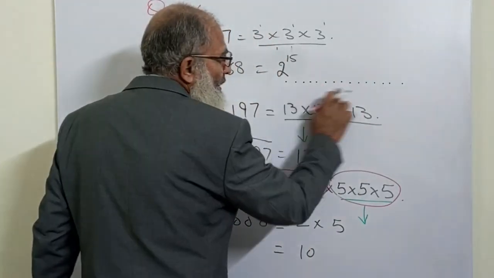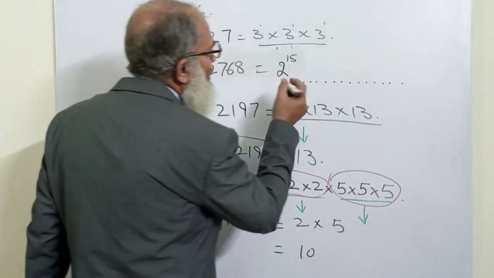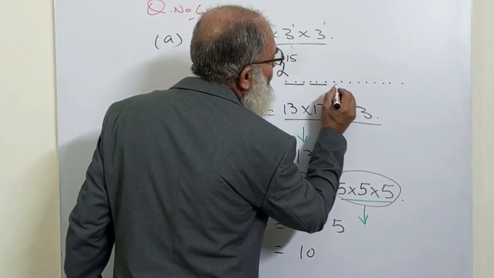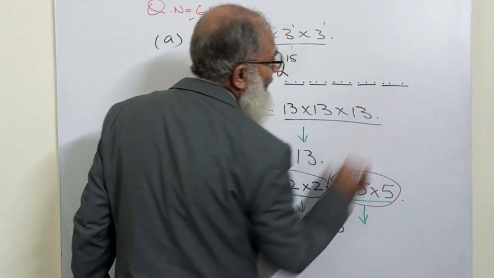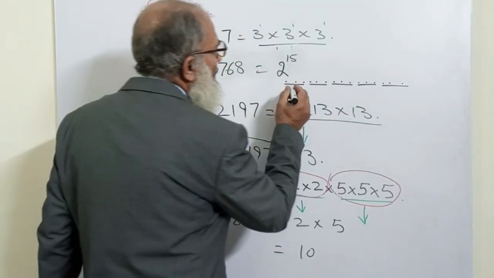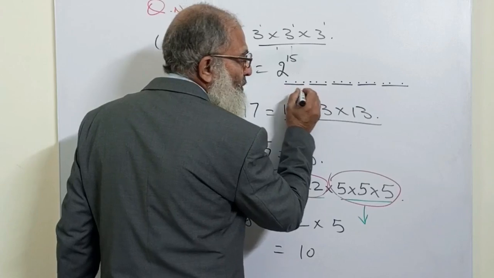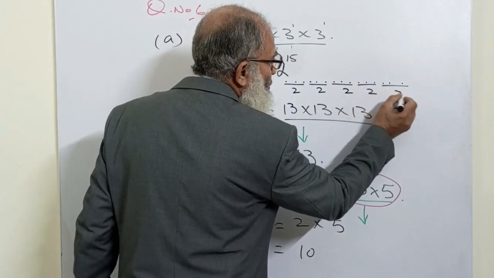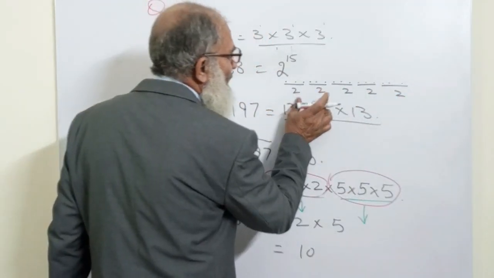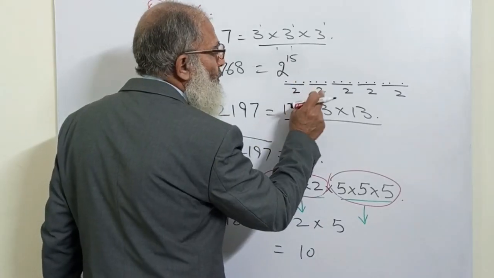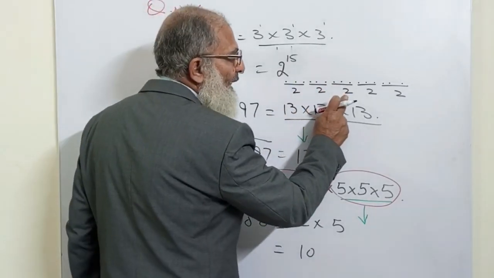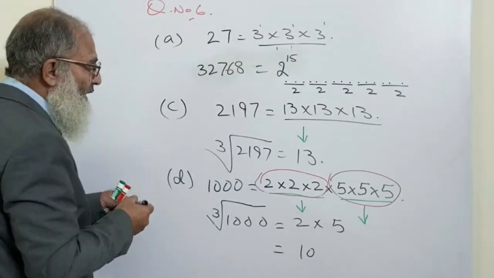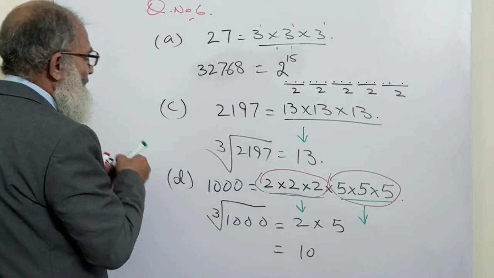Now I've written 15 twos. Now we have to make the groups of three: 1, 2, 3, 4, and 5. There are 5 groups. From each group you pick 1, so 2, 2, 2, 2, 2, and then you multiply them: 2 times 2 is 4, times 2 is 8, times 2 is 16, times 2 is 32. So the result for this question is 32.